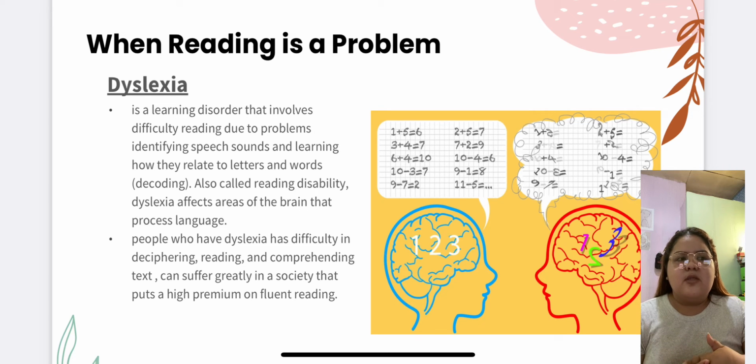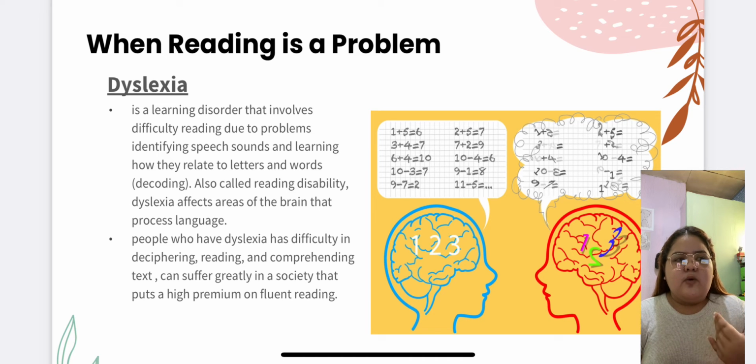So, guys, ang dyslexia kay kanang difficulty sa pagbasa. Also, makitaan po siya og kanang difficulty gud sa pag-analyze and pag-identify sa mga speech sounds. Like, kanang picture sa gilid, sa left side, kay ang 1 plus 5 is, kanang simple lang kaayo siya sa normal na tao.